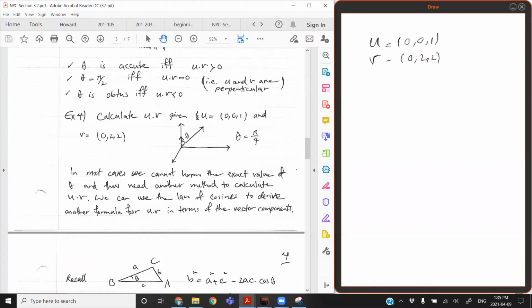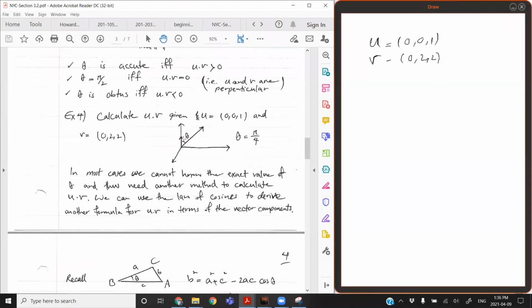So if you graph these two vectors, this is the x, y, z coordinate system. This vector here is (0, 0, 1). And then this vector here is going to lie in the yz plane. It's going to be like this. For these two vectors, it's very easy to see that the angle between them is exactly 45 degrees.